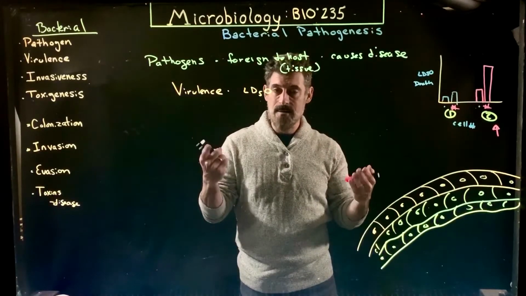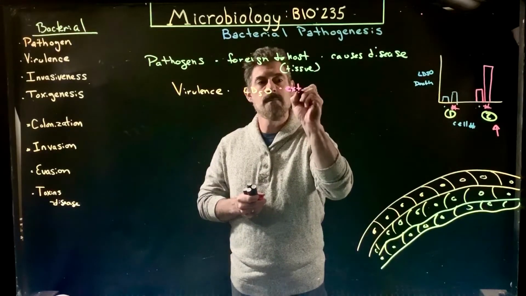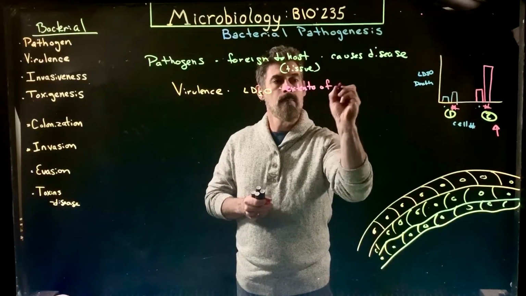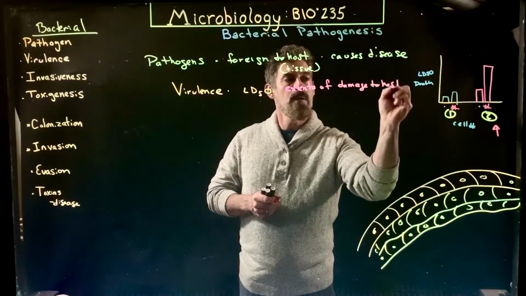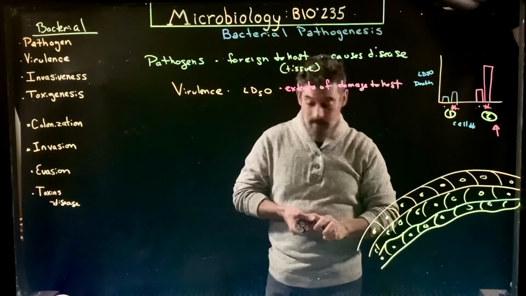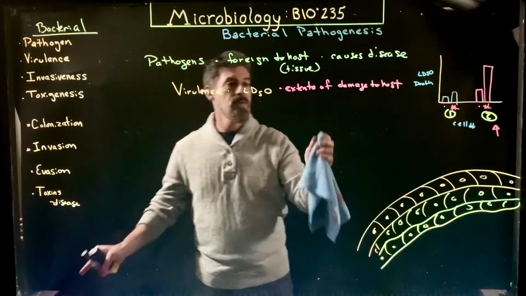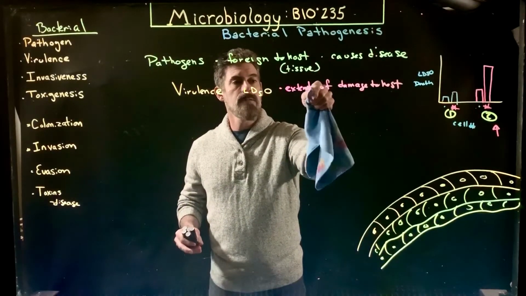So virulence is really how damaging, so the extent of damage to the host. Typically it involves how fast that happens, where the damage occurs, all these sorts of things are part of this virulence.